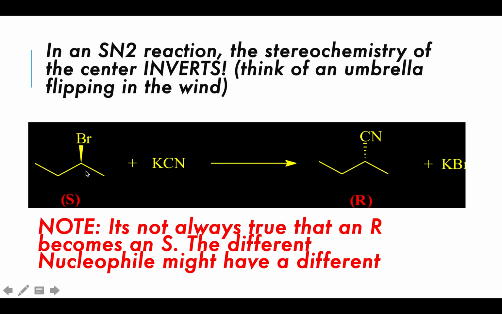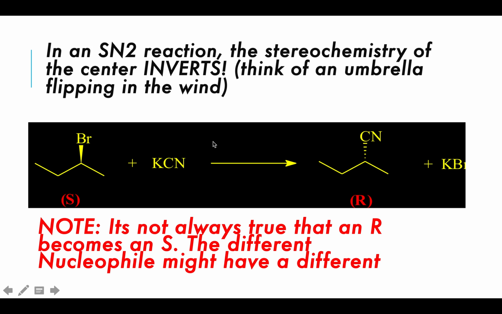So if your leaving group was, let's say, pointing towards you, the incoming group has to go from behind. And so it'll attach from behind. So if it was once wedge, when the leaving group leaves and the incoming group enters in, the incoming group, the nucleophile, will now be, once it's attached, at a dashed position.